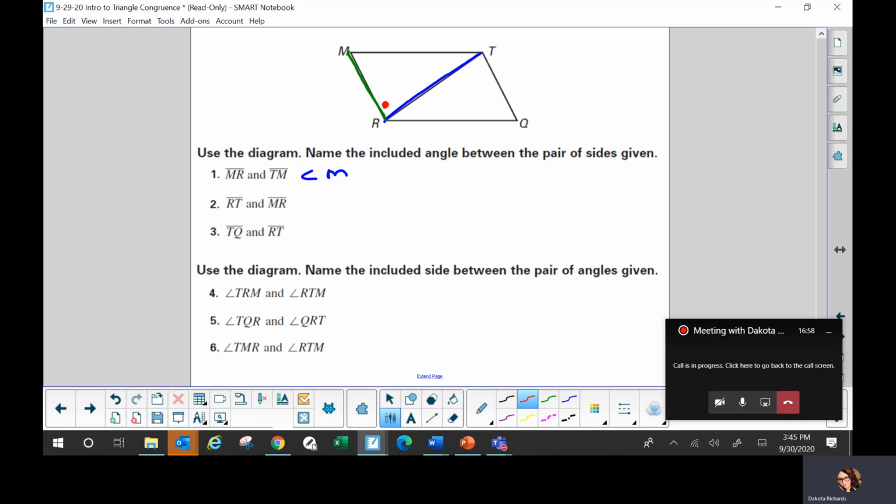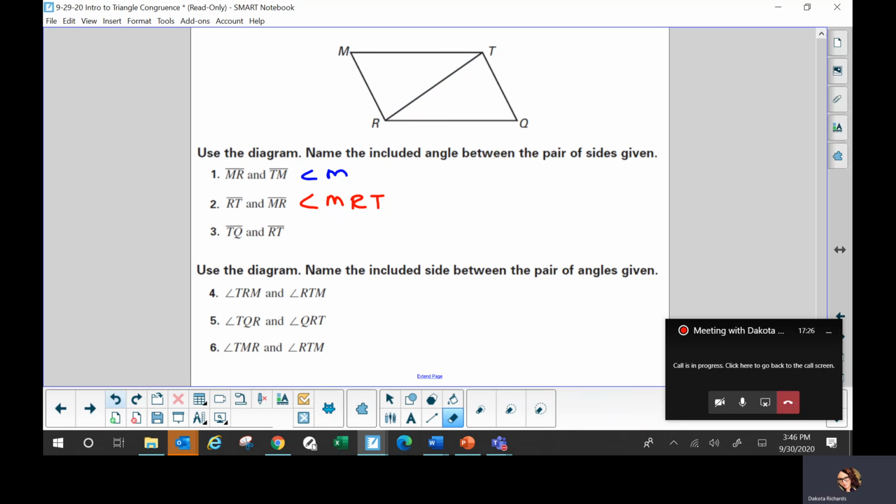You can see it can represent this entire angle. It can be the one we're looking for, which is here, or R can also represent this angle. So you have to be specific when you're labeling these. So I'm going to label this one as angle MRT. You could also do angle TRM.